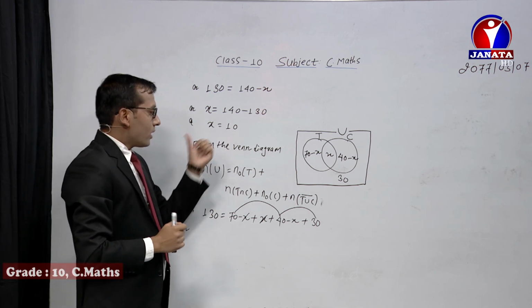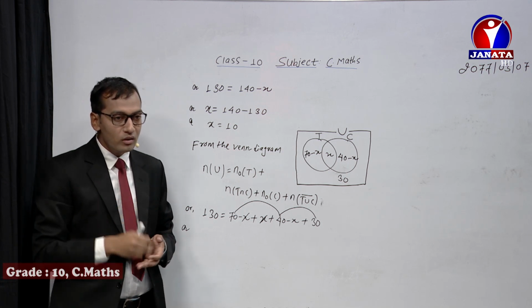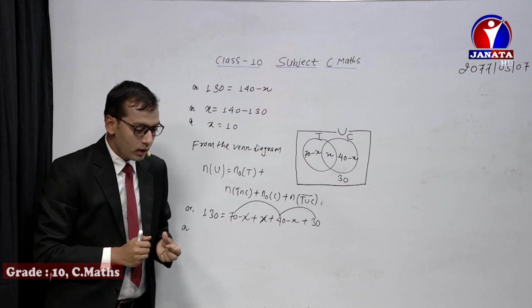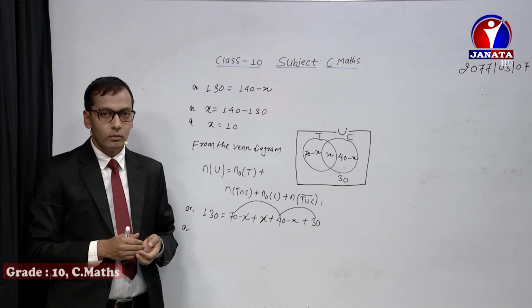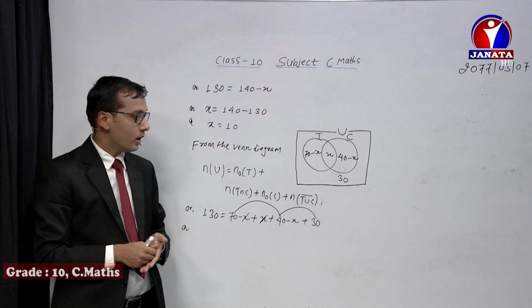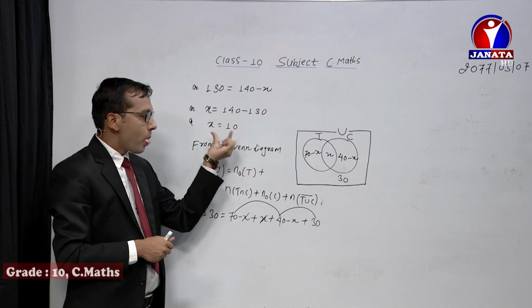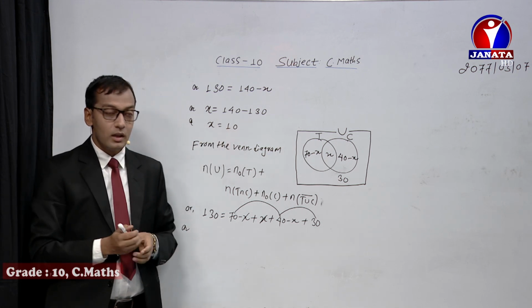Okay, so it's done. Actually, what was my assumption? My assumption was there are X number of students who like both items, tea and coffee. So here what is X? 10. So therefore 10 students like both items, tea and coffee.